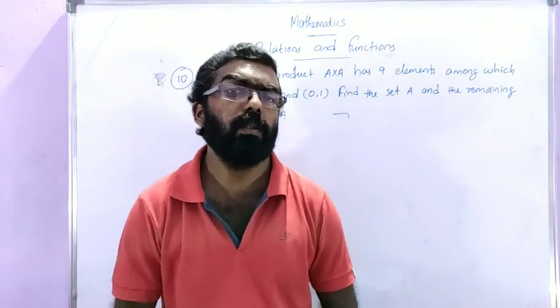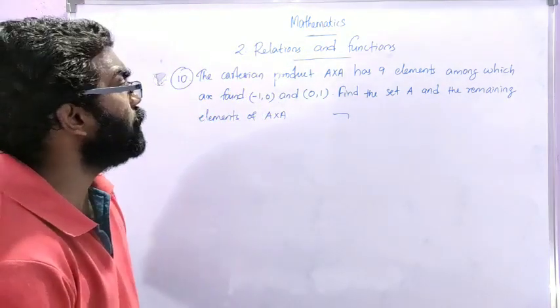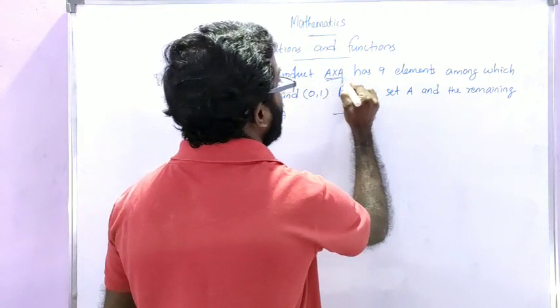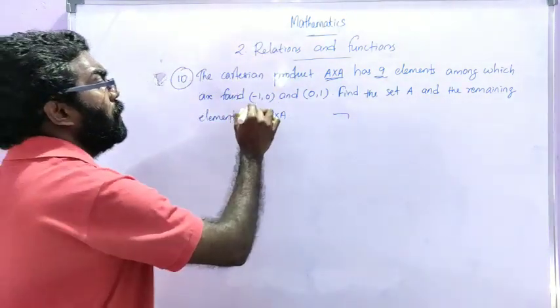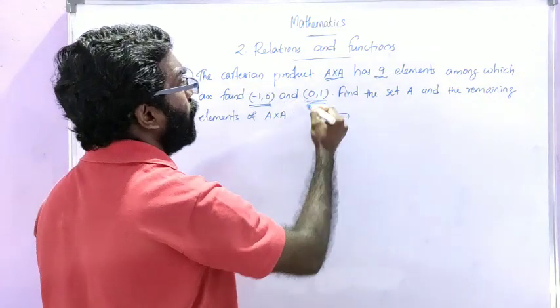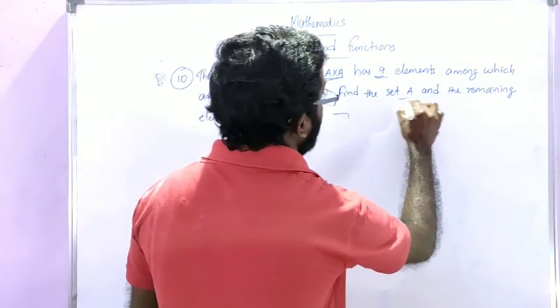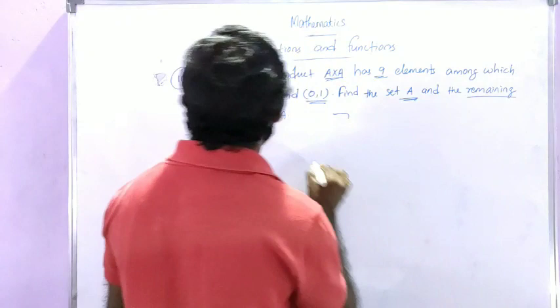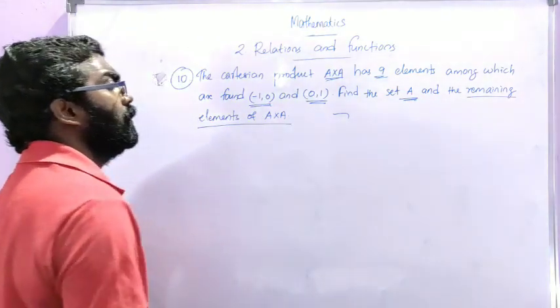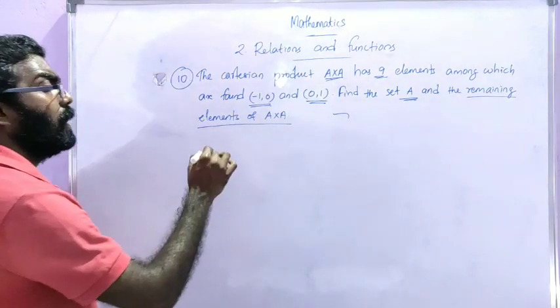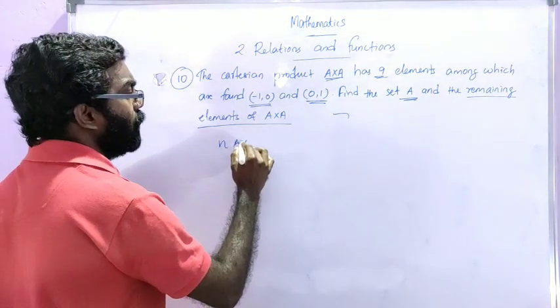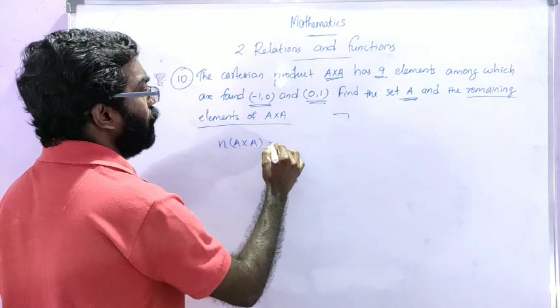Now we move on to the last question in this exercise. The Cartesian product A cross A has 9 elements, among which are found (-1, 0) and (0, 1). Find the set A and the remaining elements of A cross A. Okay, here the Cartesian product A cross A, that is n of A cross A is equal to 9.